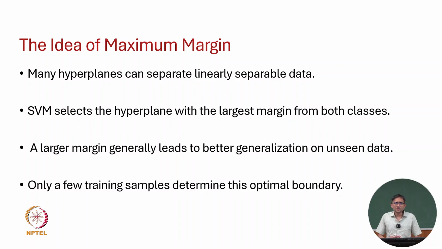Now what is special about SVM is that it will try to find not just any separating hyperplane. It will select the hyperplane with the largest margin from both classes. A larger margin generally leads to better generalization on unseen data.